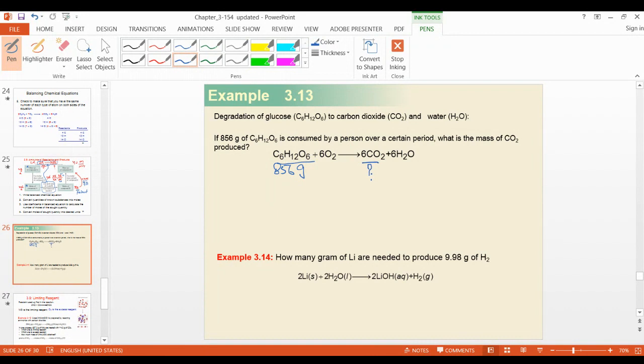You should know the ratio: glucose is 1 mole and carbon dioxide is 6 moles. So I start from glucose first. 856 grams of glucose changes to moles by dividing by the molar mass of glucose, which I think is 60.